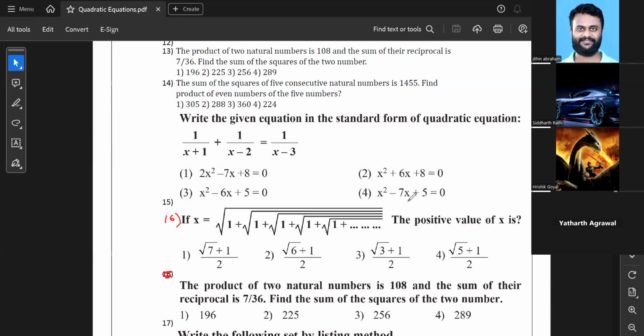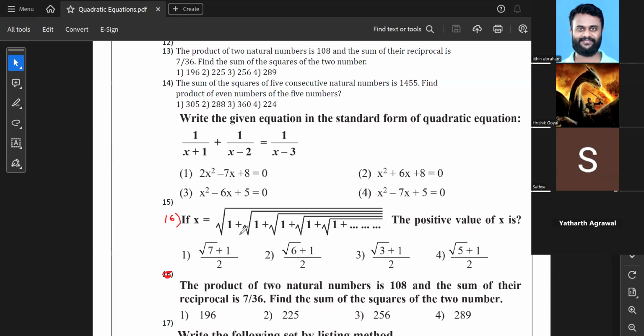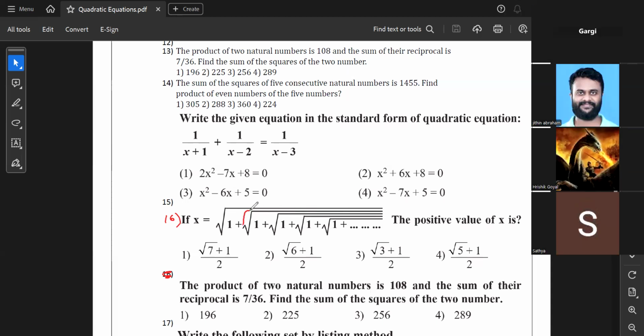Yes, sir. So root of 1 plus root of 1 plus and so on, repeated infinite times. Let me ask you one thing: if I avoid just the outer root and consider only this much, does it make a big difference?